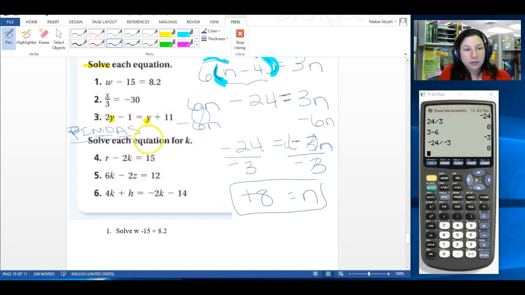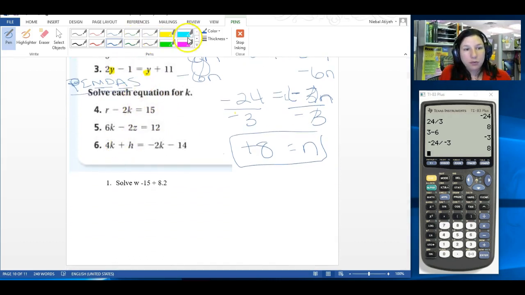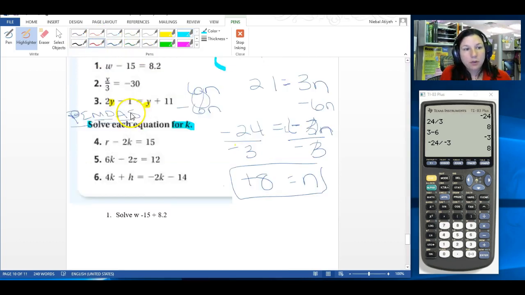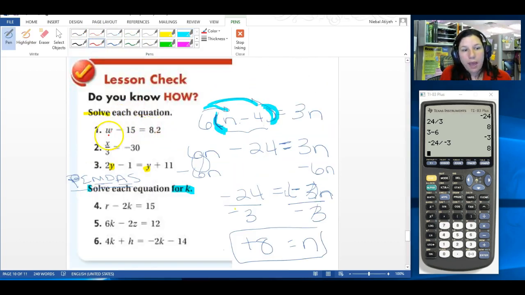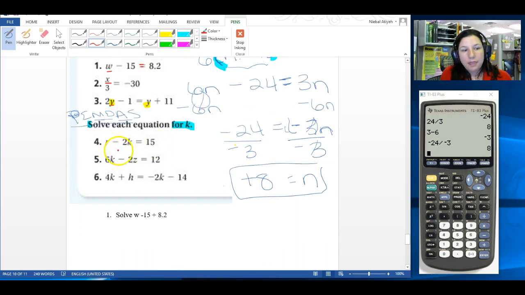For these, number 4, 5, and 6, you do see this. This question is going to show up on your quiz. Solve each equation for k. For these, notice I was only solving for one variable at a time. You can do that with one equation. In these, we have two variables.